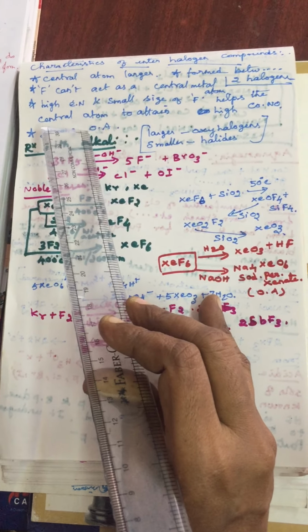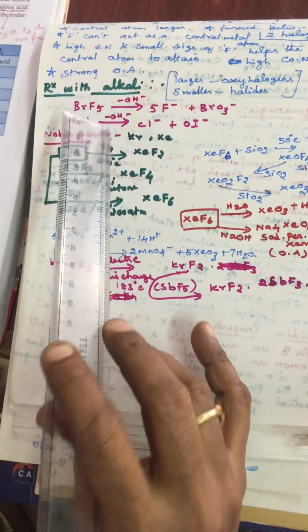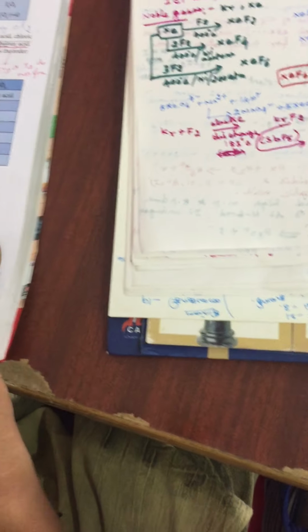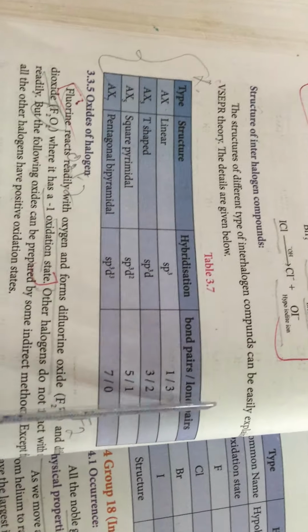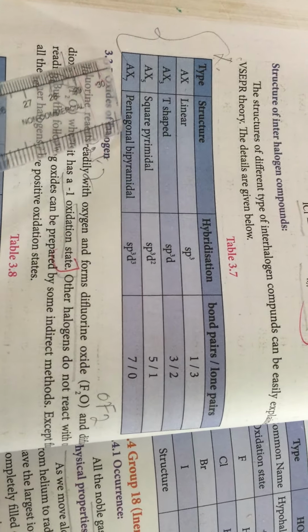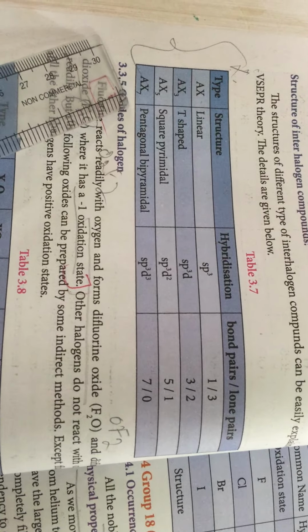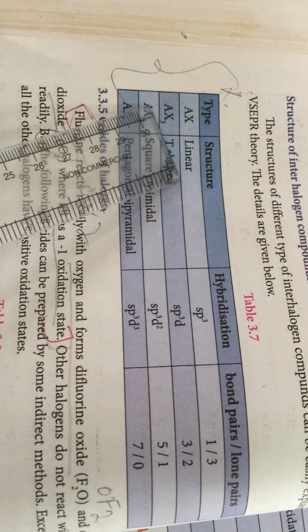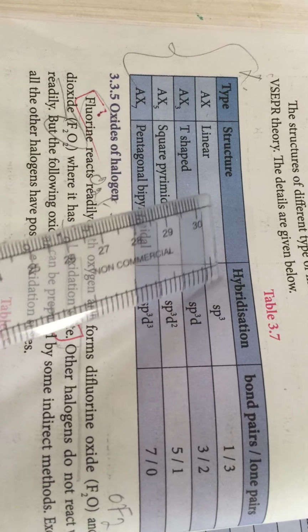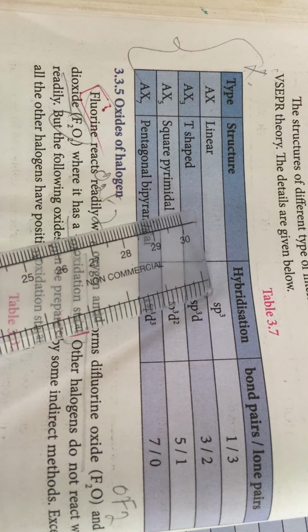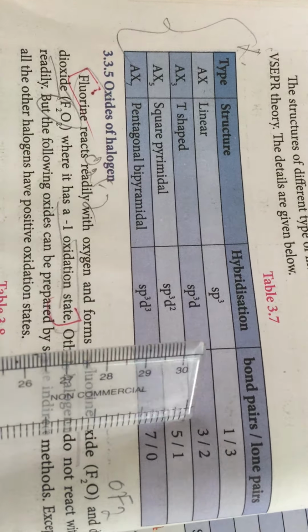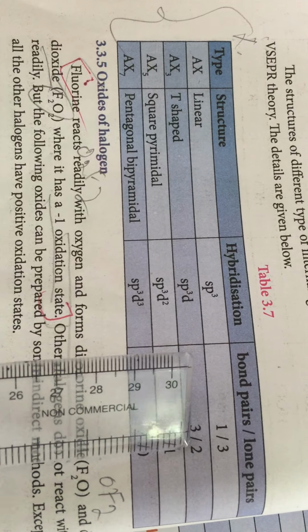Next, let us see the general oxidation number, the structure and everything. Look at this tabular column here: AX type, AX3, AX5 and AX7 are given. AX is linear in shape, the hybridization is sp3, with 1 bonded pair of electrons and 3 lone pairs of electrons.